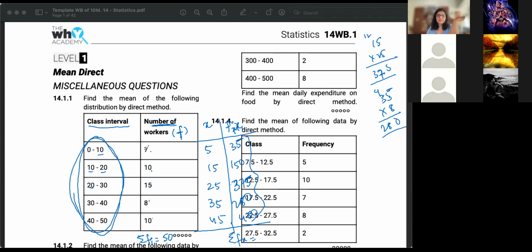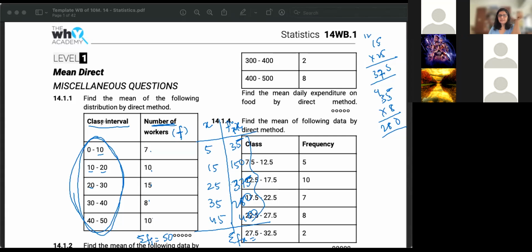So 7 of them are working between 0 to 10 hours. It could be the wage in thousands of rupees, like 7 of the workers are getting anywhere between 0 to 10,000 rupees. So this is your data usually. And central values, you may not always get an exact value. You don't have to round it off. No issues.